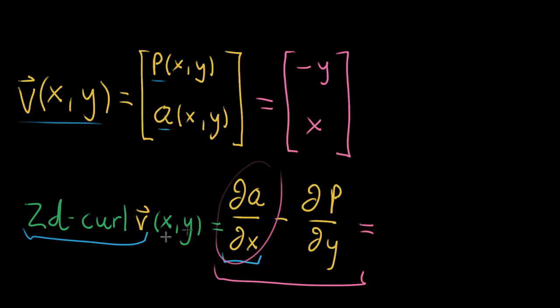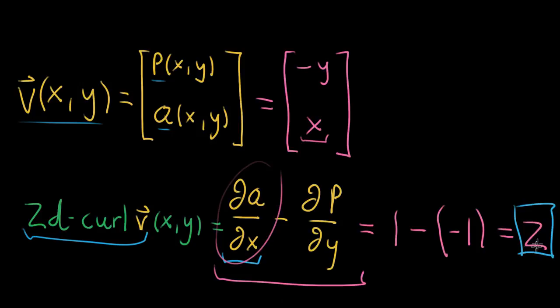So when we apply our 2D curl formula, the partial of q with respect to x, the partial of this second component with respect to x, is just 1, and then we subtract off the partial of p with respect to y, which up here is negative 1, because p is just equal to negative y. So the 2D curl is equal to 2, and in particular it's a constant 2 that doesn't depend on x and y, which is pretty unusual.